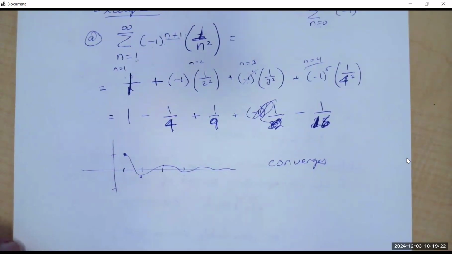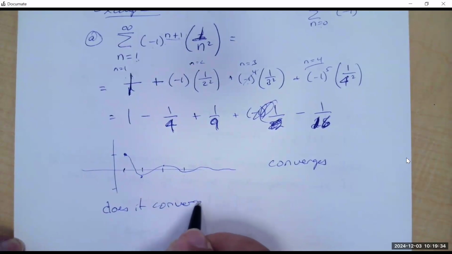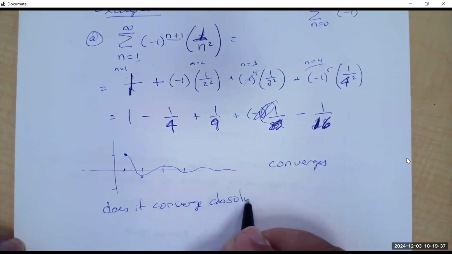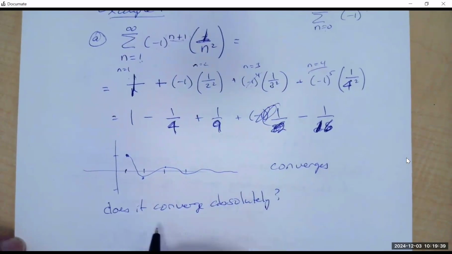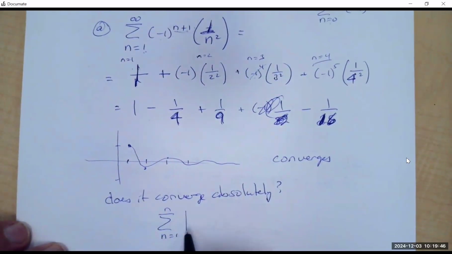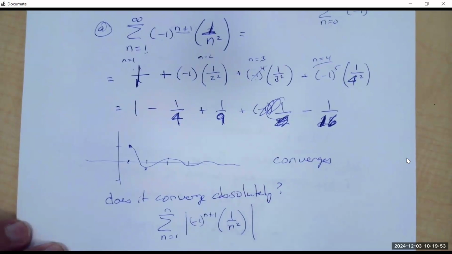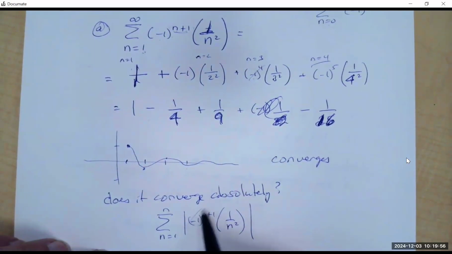Now, does it converge absolutely? In other words, if we took the absolute value of it, so we look at our sequence. Since we're taking the absolute value of it, we don't need this first part.